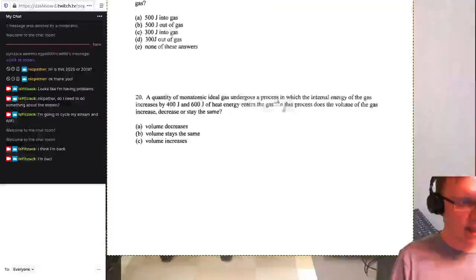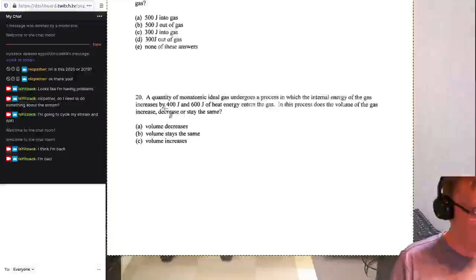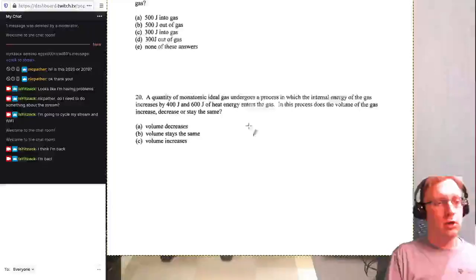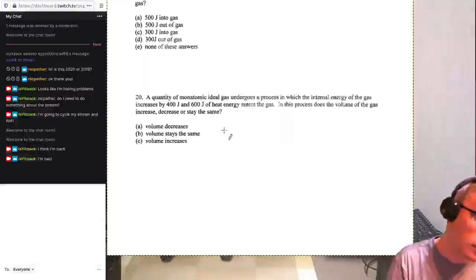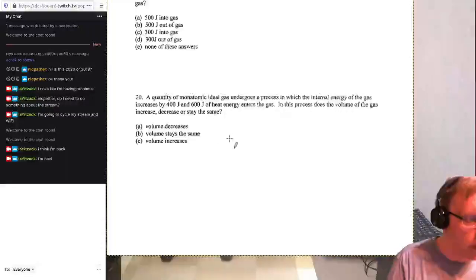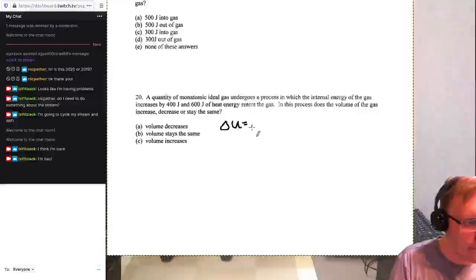A quantity of monatomic ideal gas undergoes a process in which the internal energy of the gas is increased by 400 joules and 600 joules of heat enters the gas. In this process, does the volume of the gas increase, decrease, or stay the same? Delta U is equal to 400 joules.